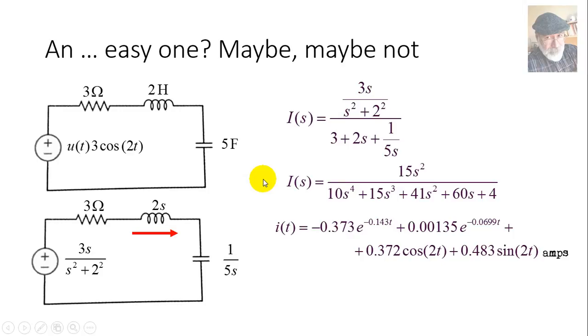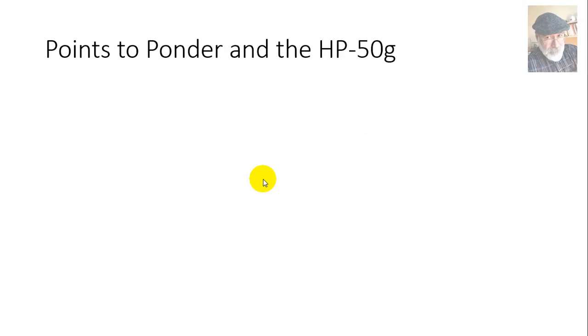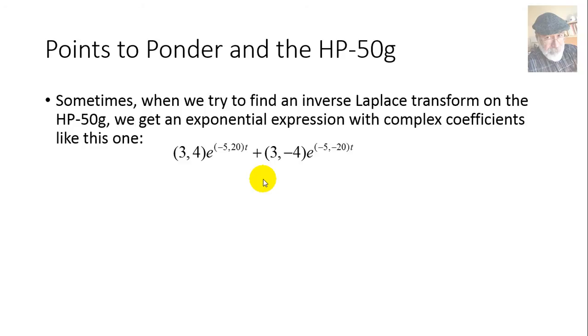And that is the solution to this exercise. There are a few points to think about when we use the HP50G. Sometimes when we try to find the inverse Laplace transform on the HP50G, we get an exponential expression with complex coefficients like this one.